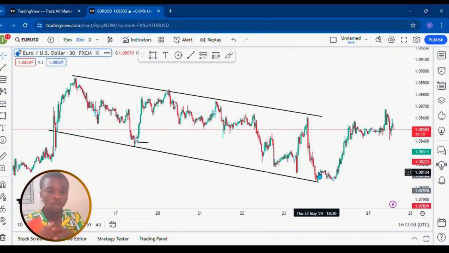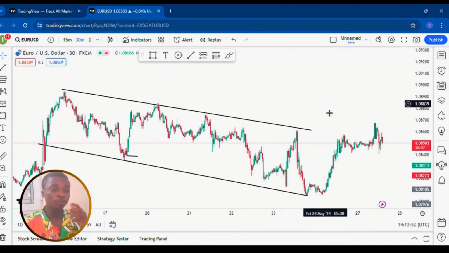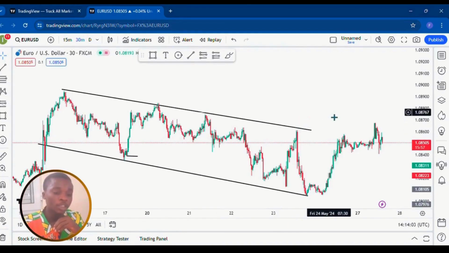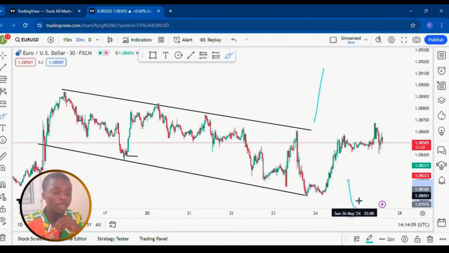So at this point, you have to trade either inside the trend formation, or you have to wait to see who is going to win, either the buyers or the sellers, to help you know if you have to take a trade to the upside like this, or take a trade to the downside, as you can see.